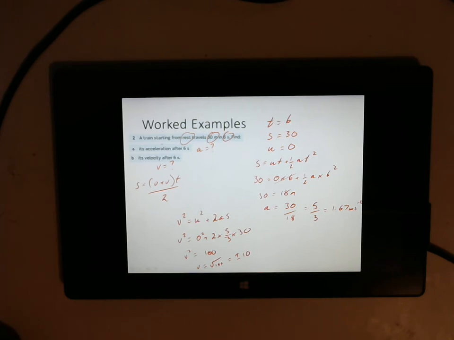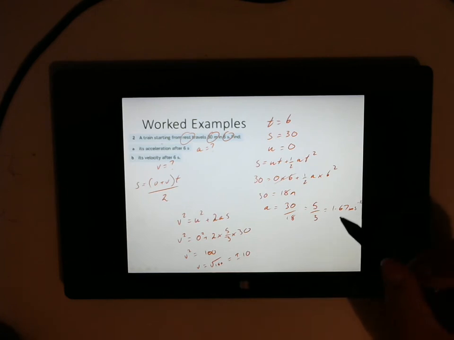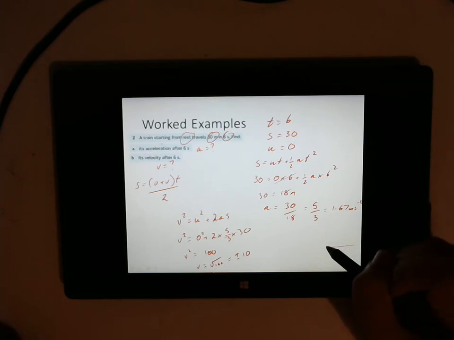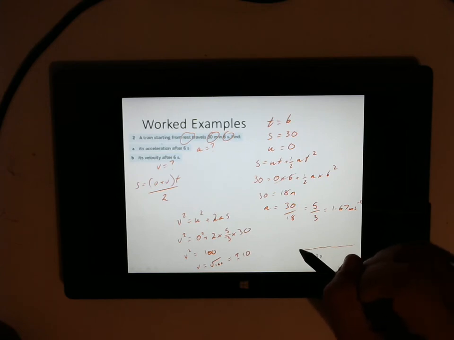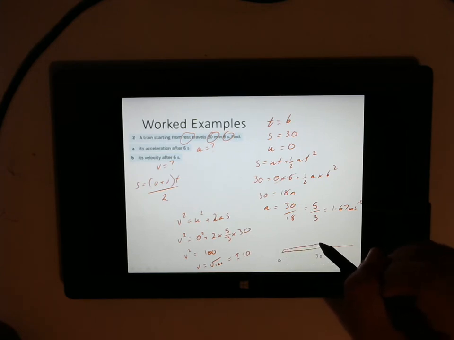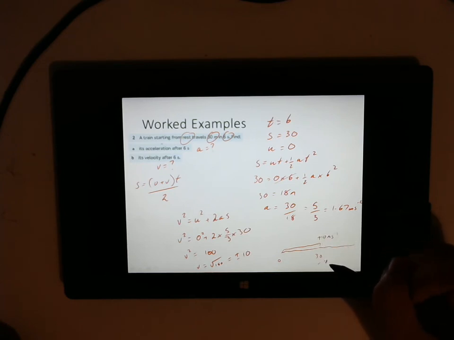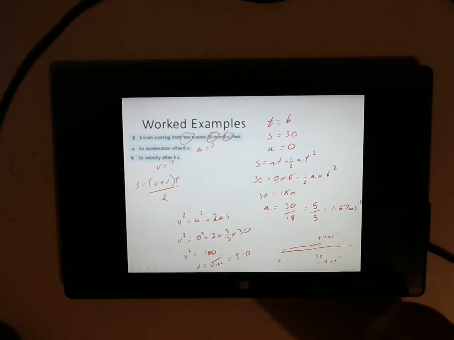These numbers would make sense because this negative 10 means that maybe the train came from over here, came to this point 30, got to here to 0, and then went back the other way. And at this point it was plus 10 meters per second. At this point it was negative 10 meters per second. This is one way that this math would work.